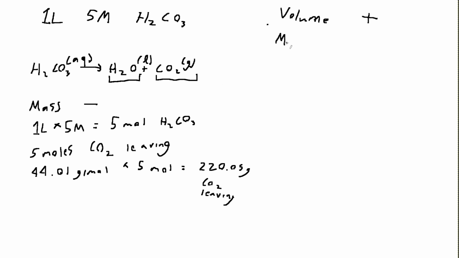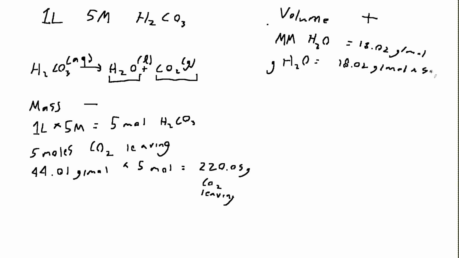The molar mass of water, and you should probably have this one memorized if you don't already, is 18.02 grams per mole. Okay, and so to calculate grams H2O, we're just going to take 18.02 grams per mole times 5 moles, which is equal to 90.10 grams.